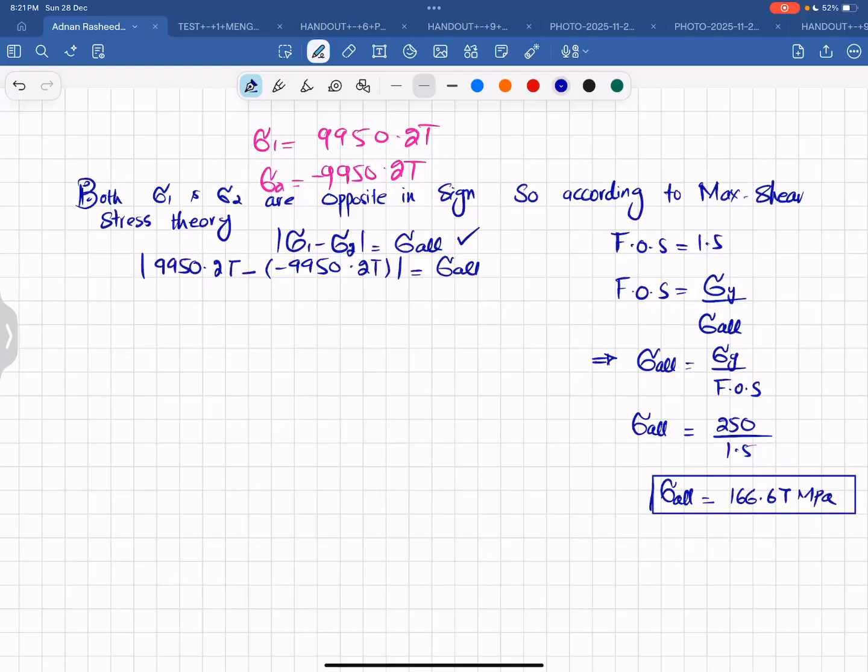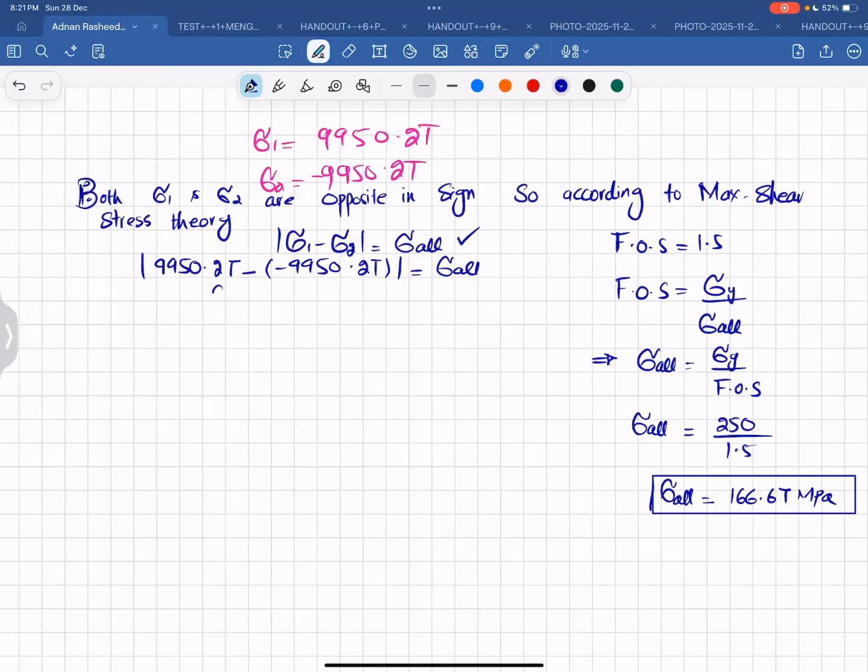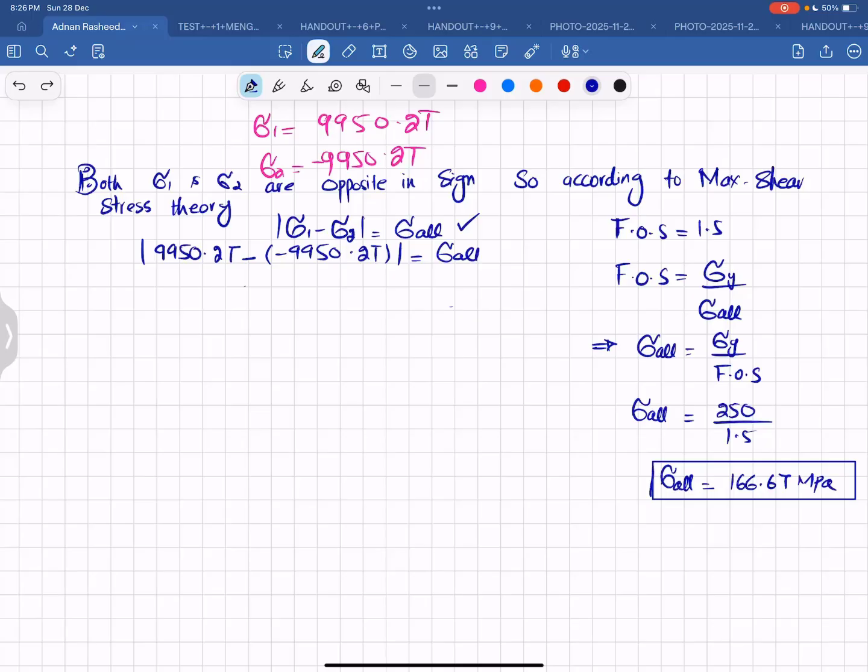So this becomes 9950.2 t plus 9950.2 t, equal to the allowable shear stress, which is 166.67 megapascal, so 166.67 times 10 raised to power 6 pascal.